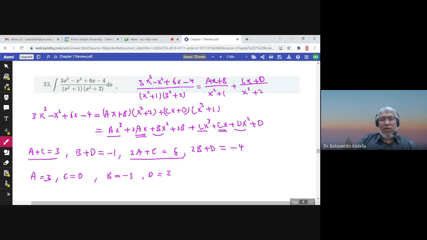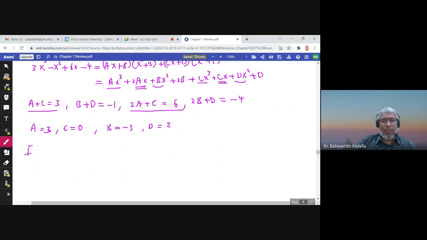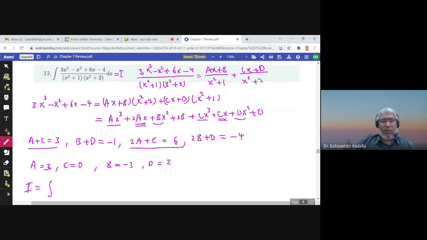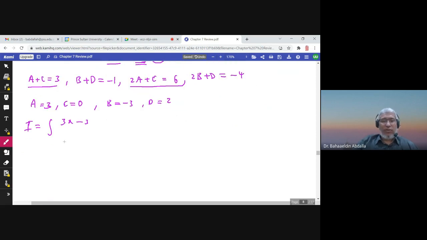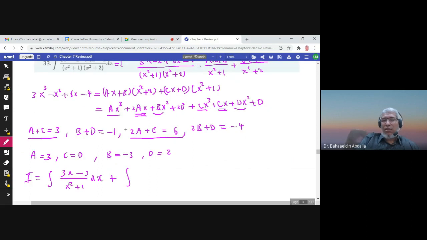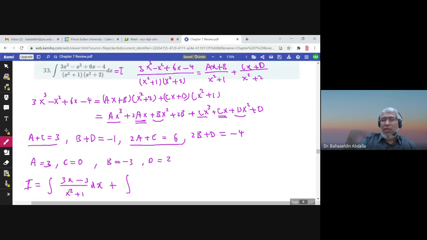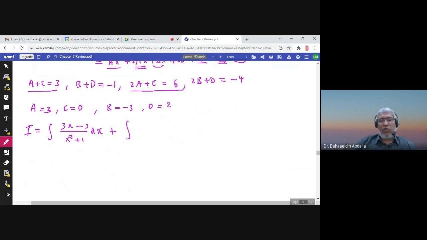And then this integral would be equal to the integral of ax plus b. Well, a is 3, b is -3, over x squared plus 1. That's the first integral, plus the second integral. c is 0, d is 2, so I have 2 over x squared plus 2 dx.